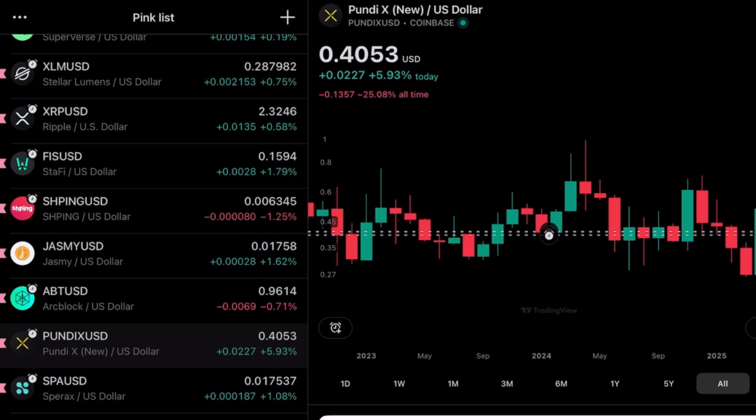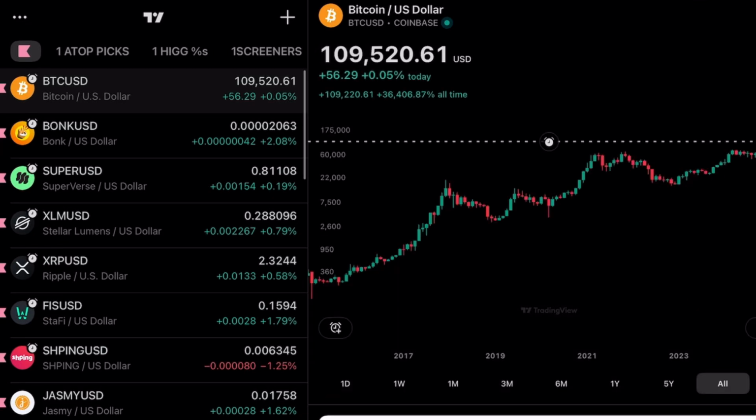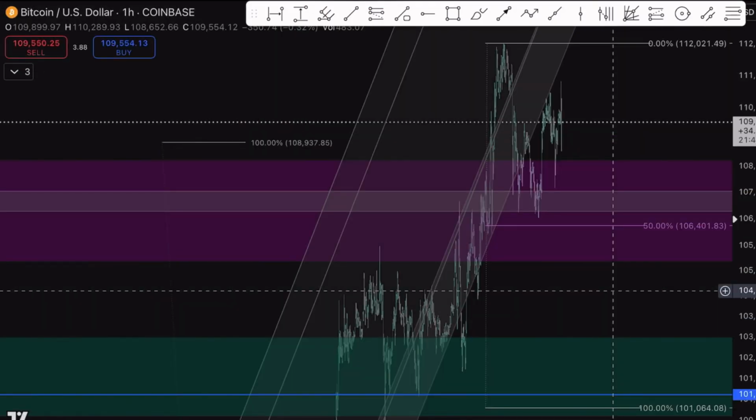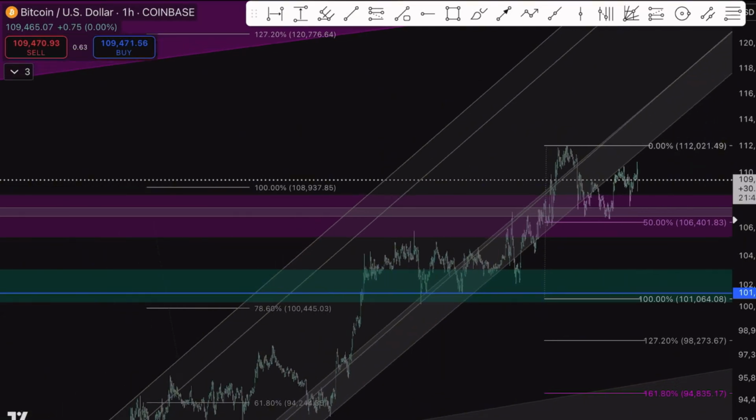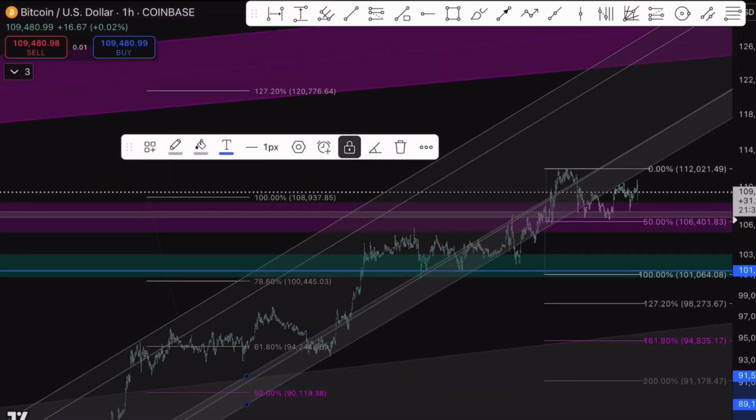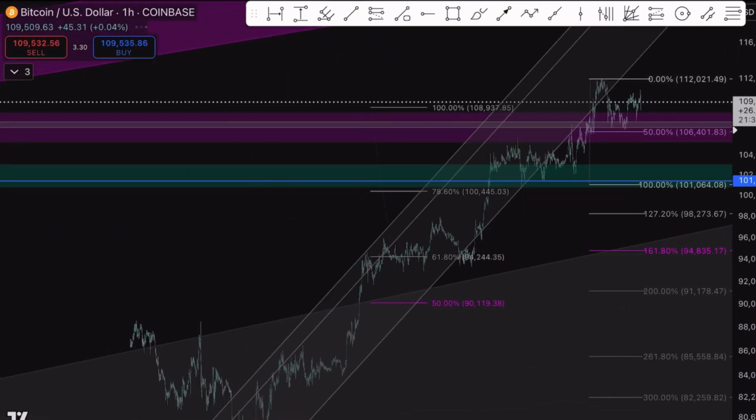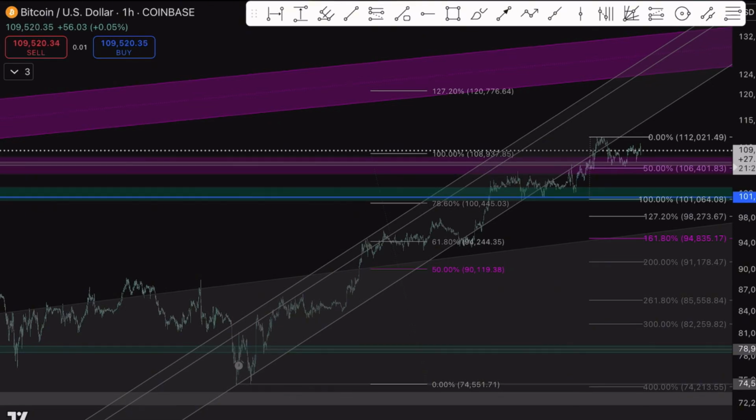One more thing before we go. Bitcoin. So Bitcoin has been doing really well. I probably can update, I'm going to just delete this. Let me see how it reacts to this. It looks like it's a rejection right there.